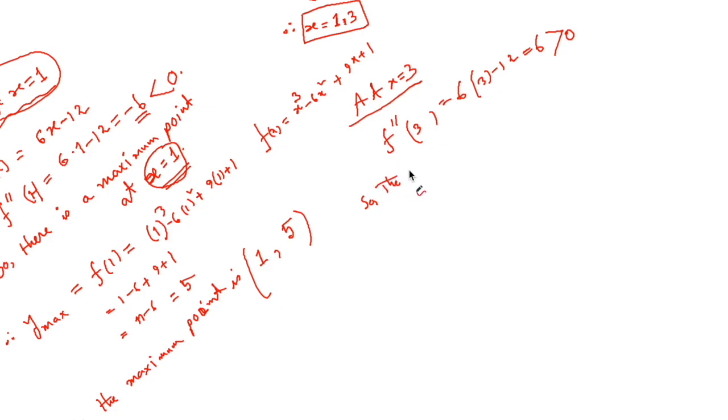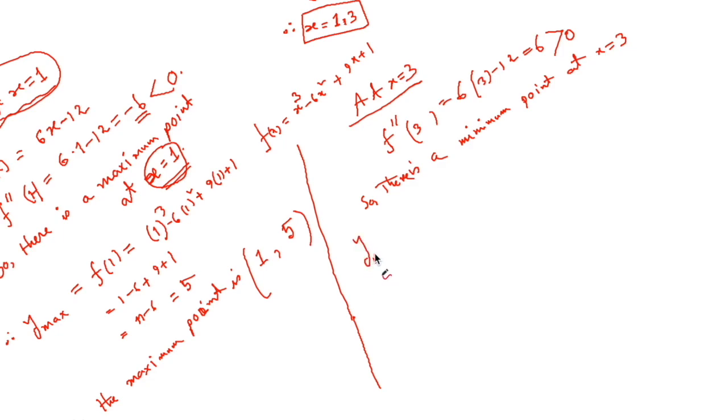So there is a minimum point at x equal to 3. Does it make sense?